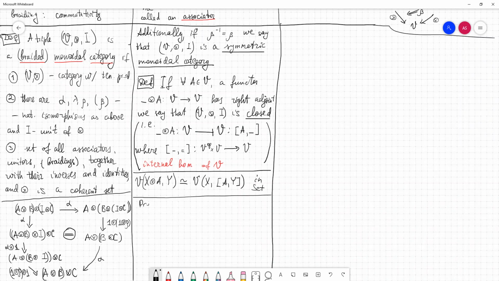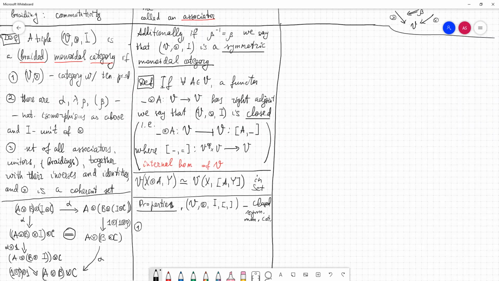So now let's look at a couple of properties. Here we assume that V tensor identity and internal home is a closed symmetric monoidal category.